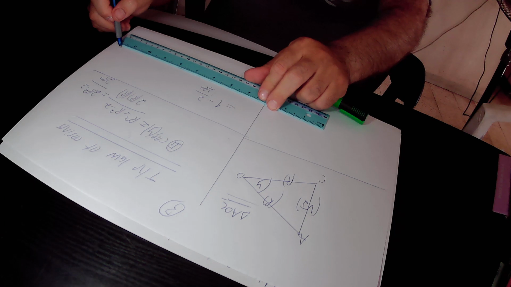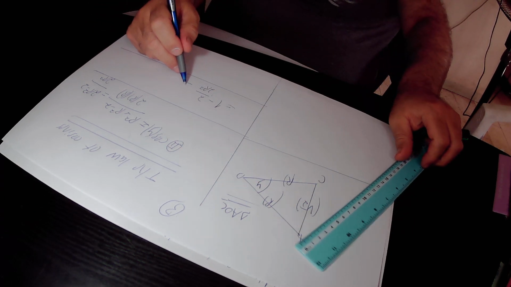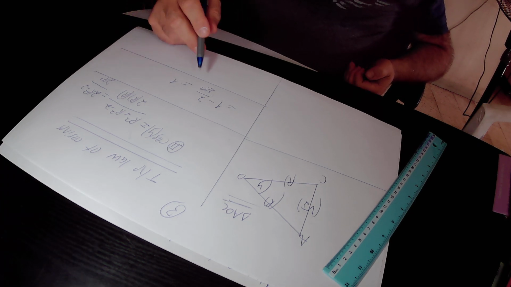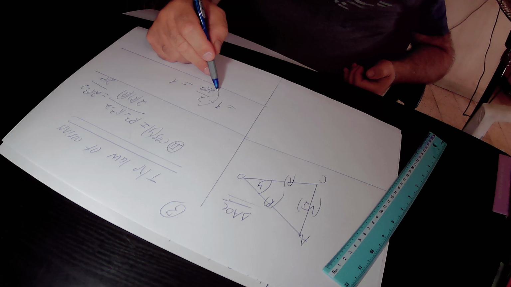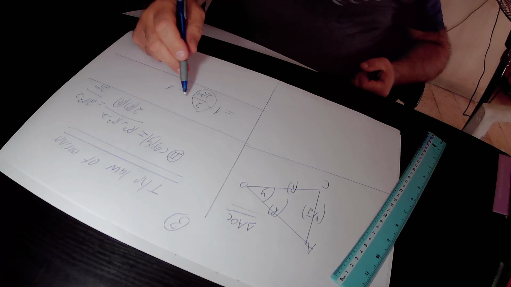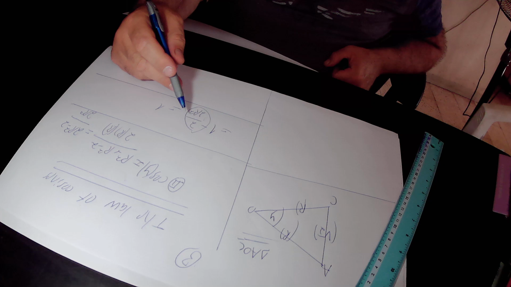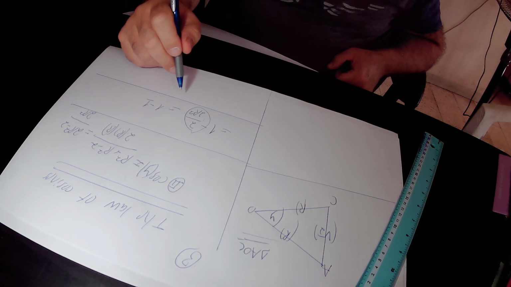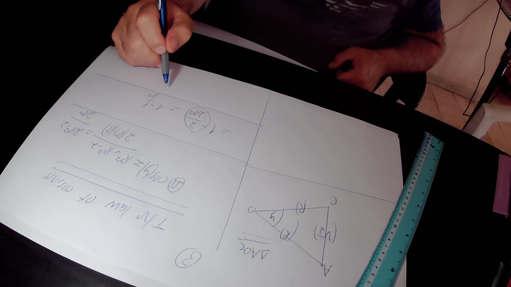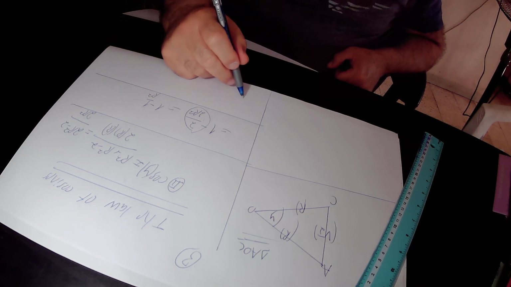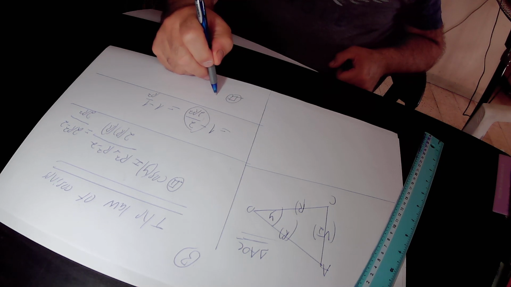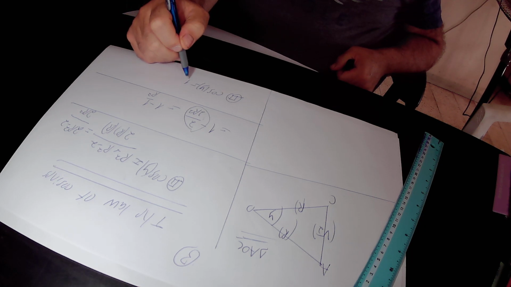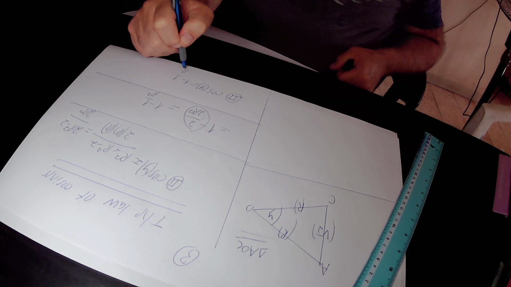So cosine y equals 1, and here we have minus 2 over 2R square. Here we divide both the numerator and the denominator by 2, and we get that minus 2 over 2 is minus 1, and 2R square over 2 is R square. So in conclusion, according to equation 2, cosine y equals 1 minus 1 over R square.